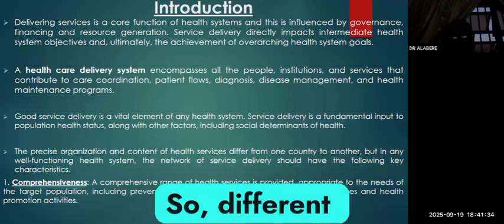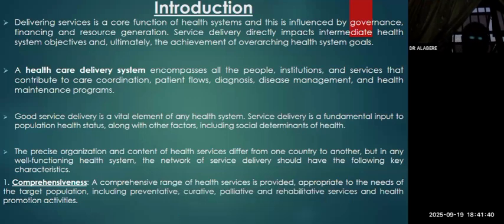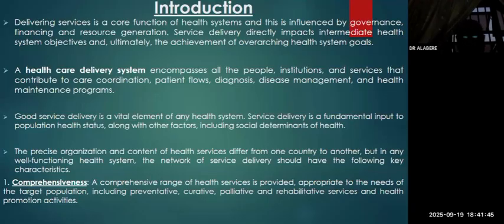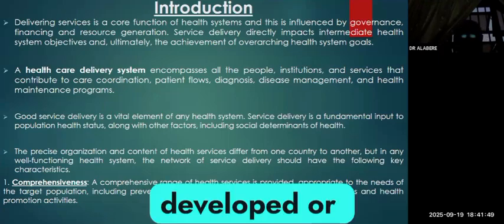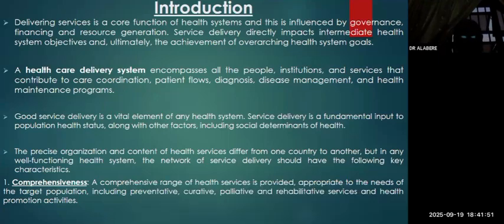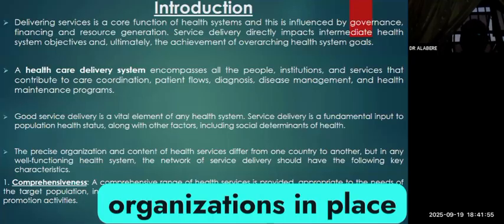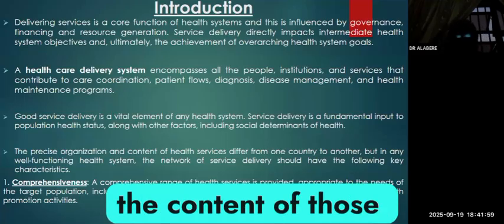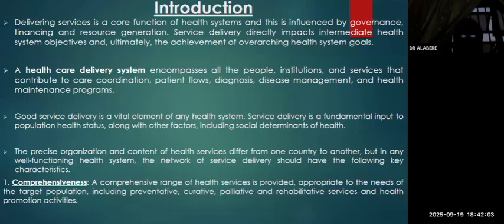So different countries operate different service delivery formats. But every country, irrespective of whether you are developed or developing or underdeveloped, they have organizations in place to deliver service. However, the content of those health services will differ from country to country.